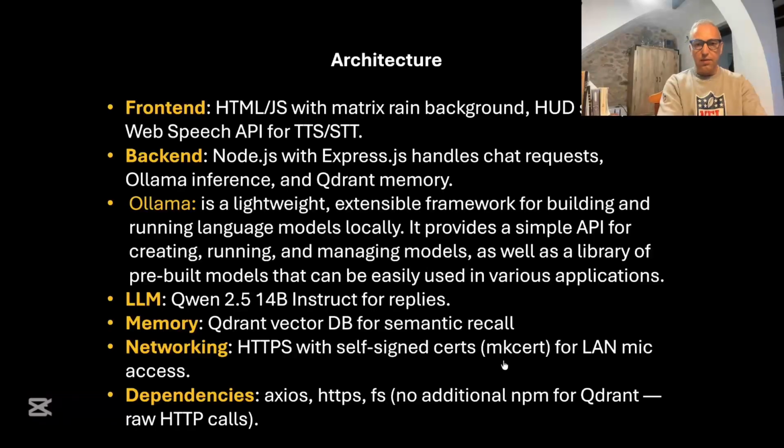I have created a certificate to run HTTPS, for a bit of security. This model runs on my laptop, but is accessible from the entire LAN. So my wife and my daughter can access it through port 3000 with the IP address of my laptop. And some dependencies like Axios, HTTPS, and FS.